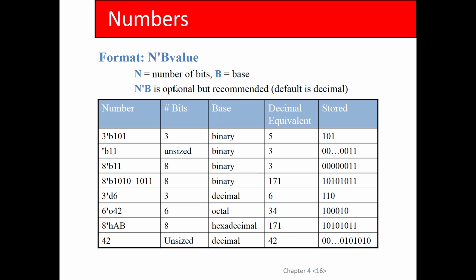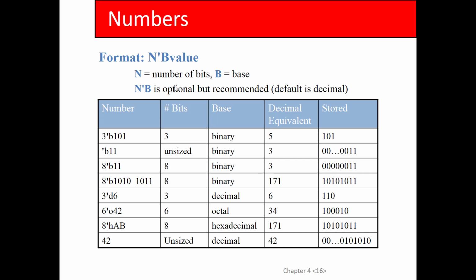And also, if you specify a constant, like in C or Java, basically everything's 32 bits or 64 bits, depending on how you declared it. But in Verilog, you very commonly deal with signals that have some weird number of bits, 5 bits, 3 bits, 9 bits. So you have to be careful that whenever you specify a constant, you also define how many bits that constant is supposed to comprise, right?